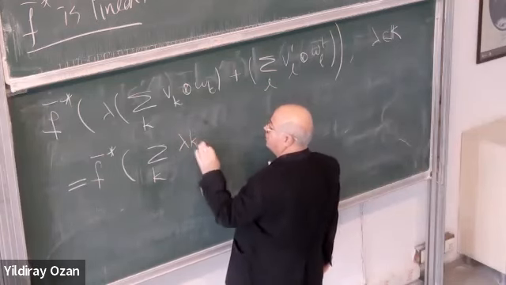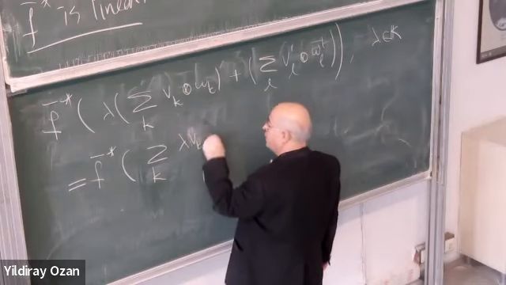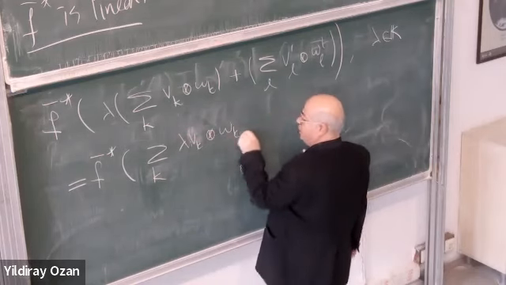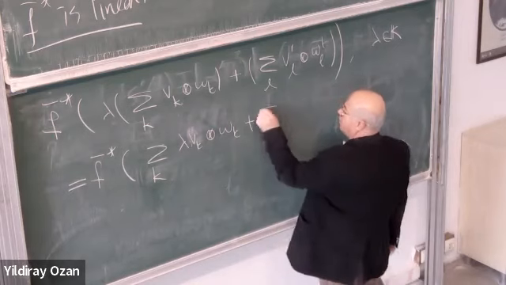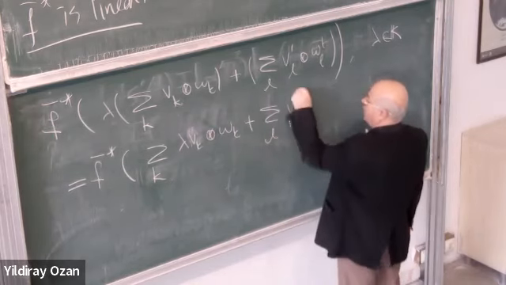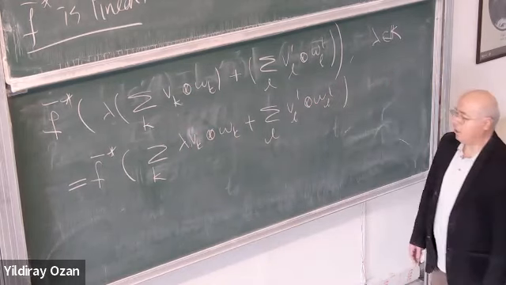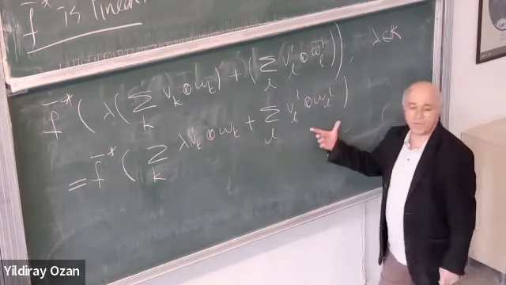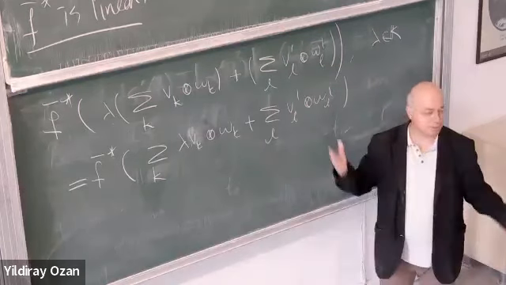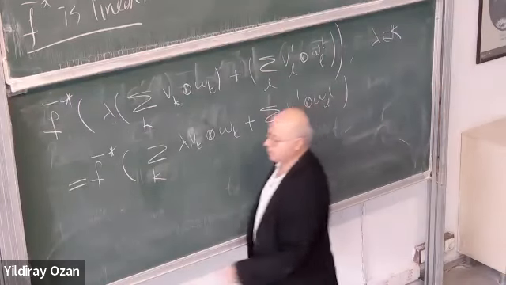I have two different sums, but I can just regard them as a single sum, right?